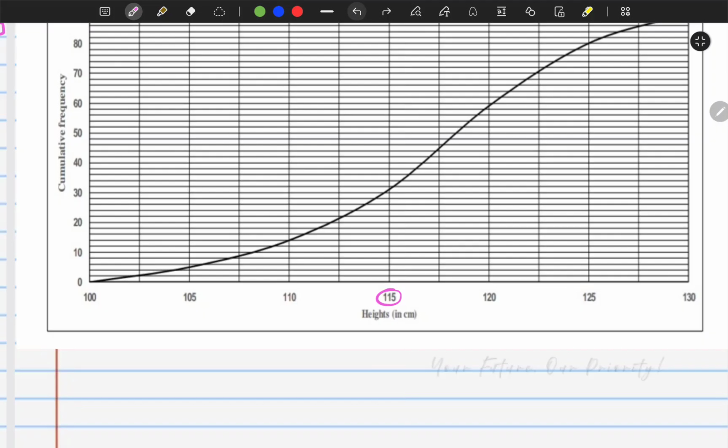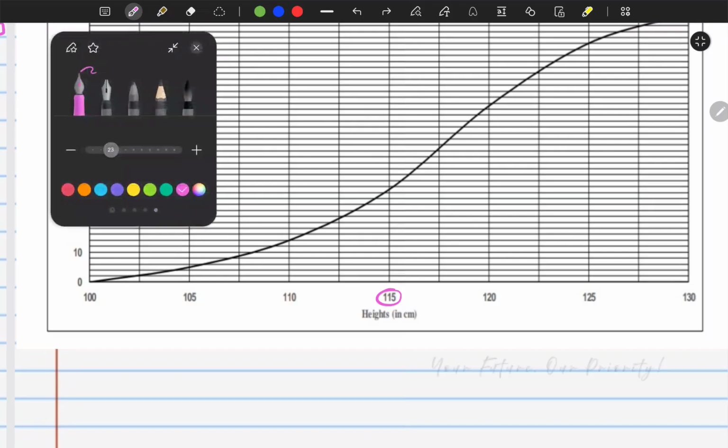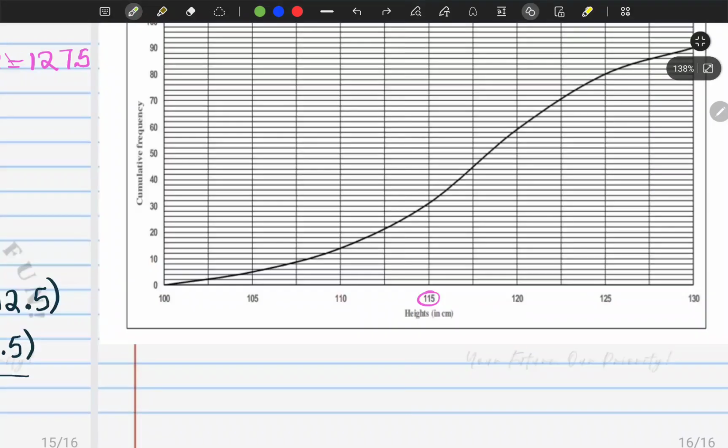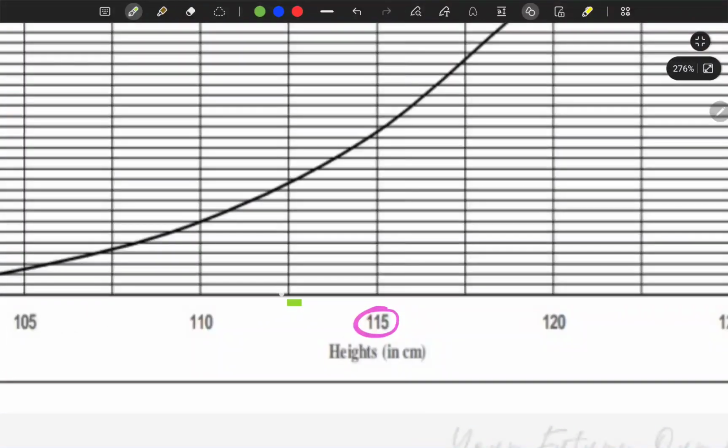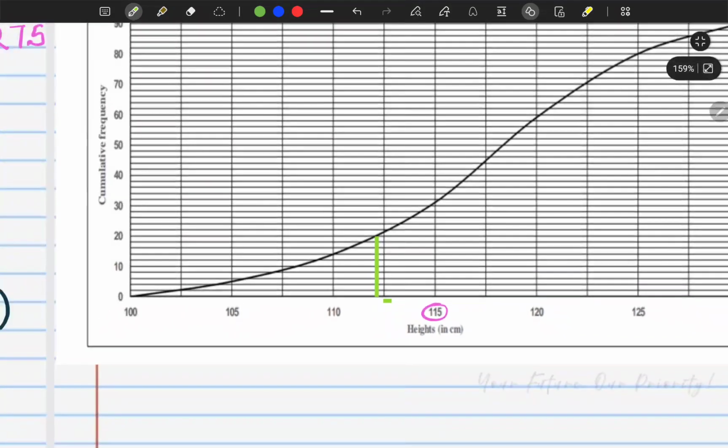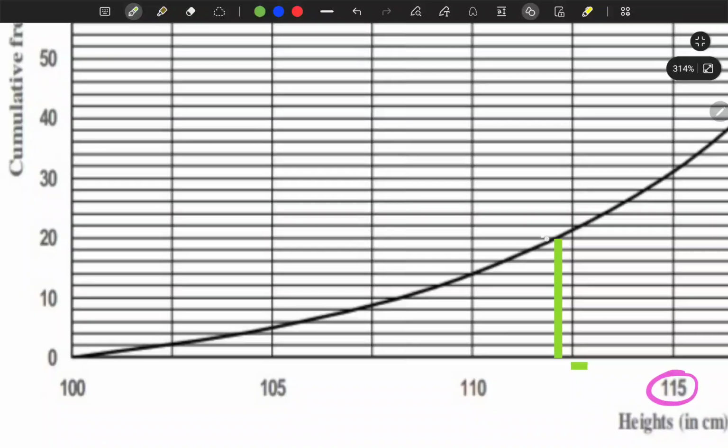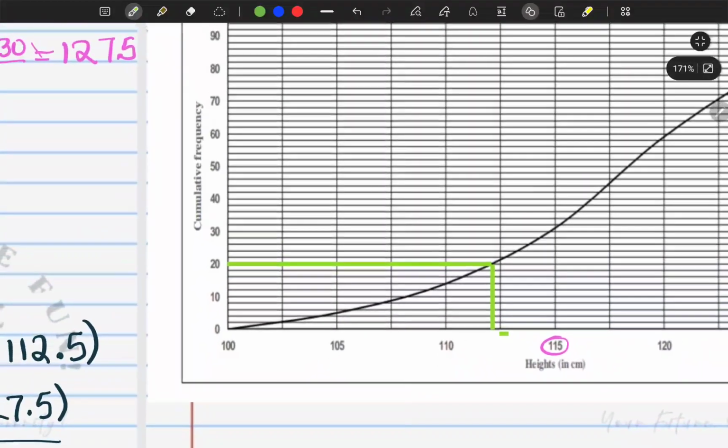So we can just take any point just before this. Sorry, so this is 112.5. So we can just take anything just before it. So we can just go here like that. And then let's see which line we should move with. It's round about this one here. So that is what we are getting for 112.